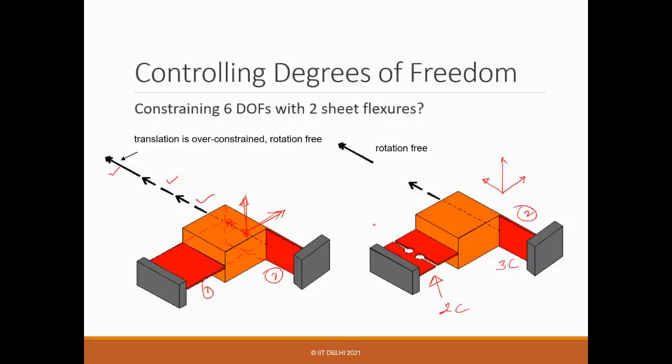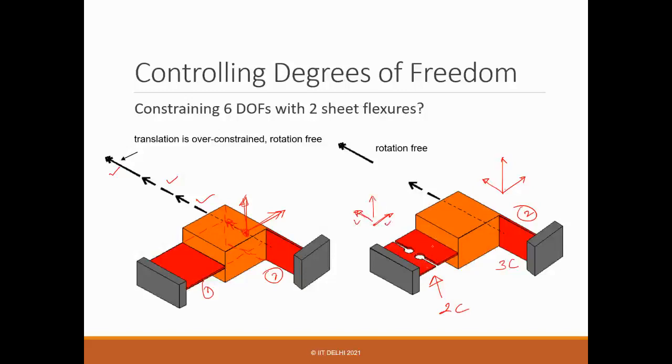And if you look closely, this will constrain the translation along this direction and the translation along this direction. So it will provide only 2 translations. These two translational constraints at the hinge.